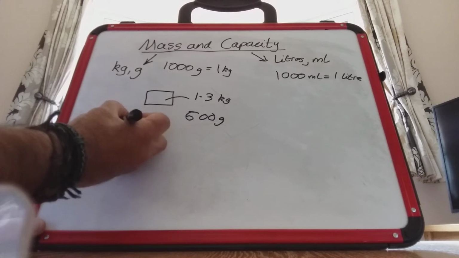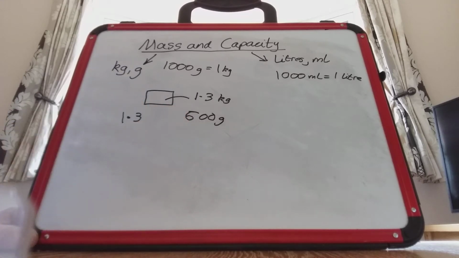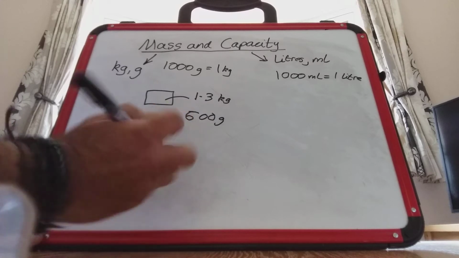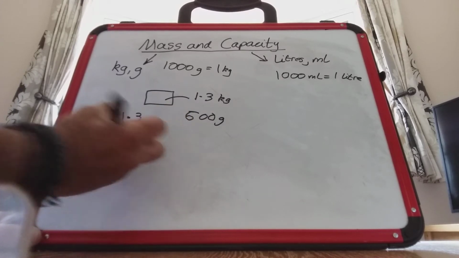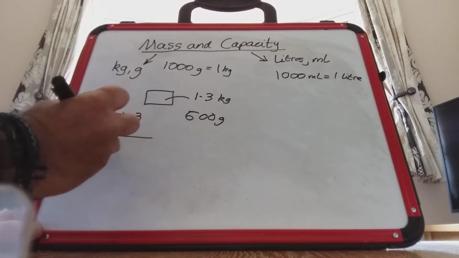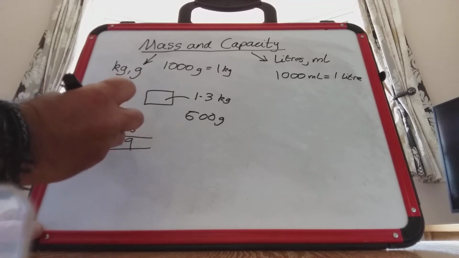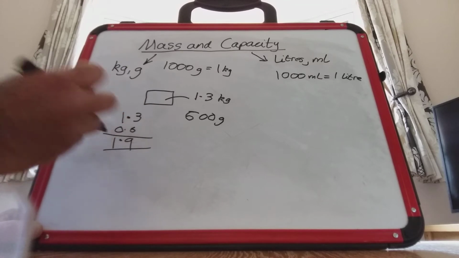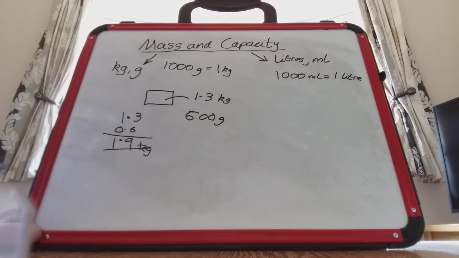Now all together means add, so you put 1.3. Now 600 grams is 0.6 kilograms, so when we add 3 and 6 that is 9, and then 1 add 0 is 1. So the answer is 1.9 kilograms.